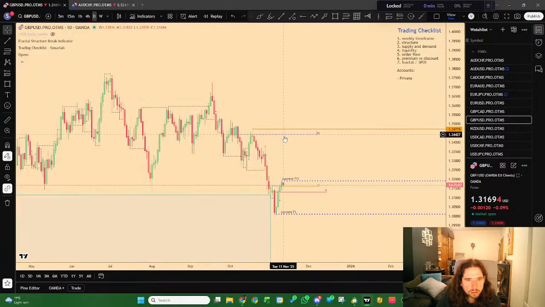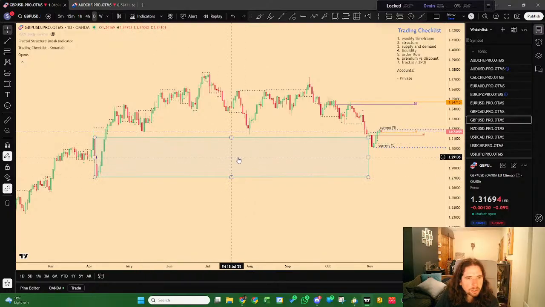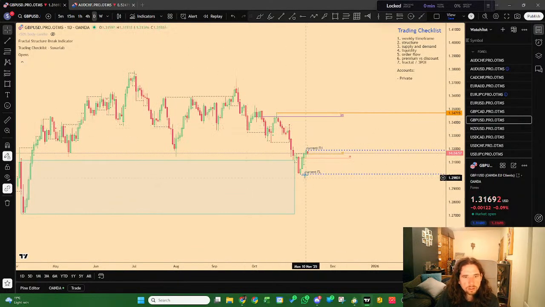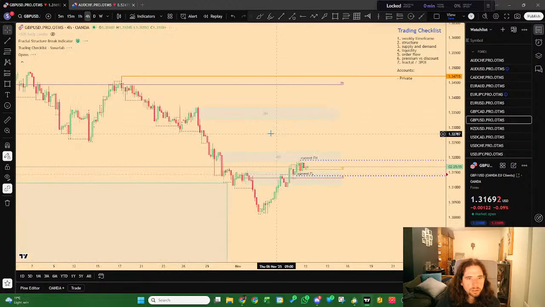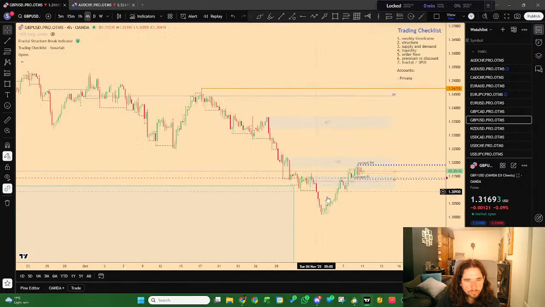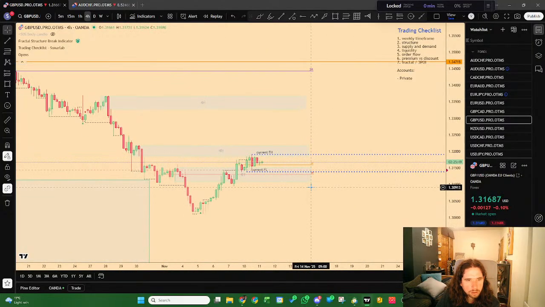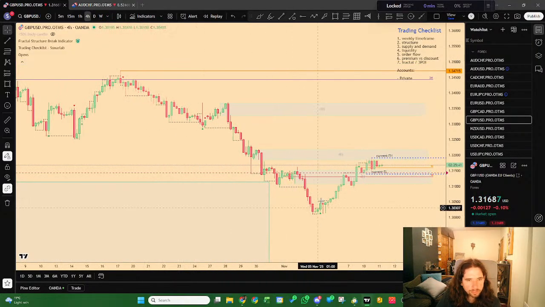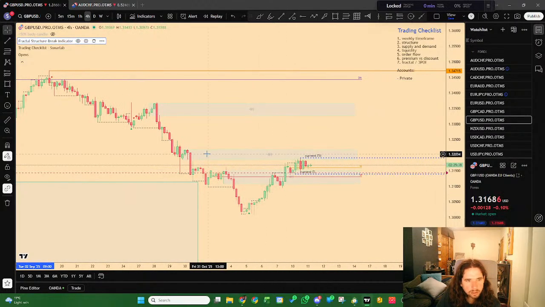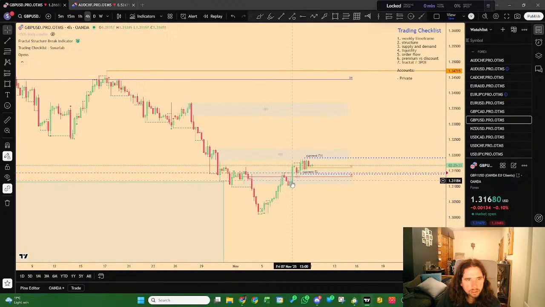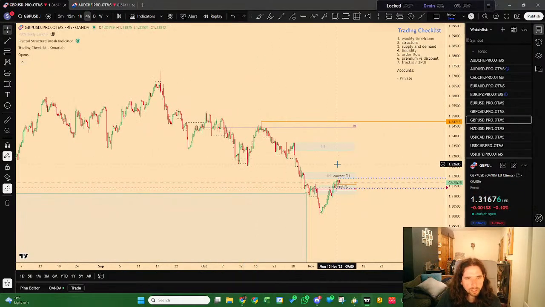Yeah, it looks like market reacted quite strongly to this area of demand, and we've entered that, and now again we're reacting to this area of higher time frame, and there's quite a lot of liquidity here, so we could be seeing just a reversal to take some of the liquidity before we head further down.